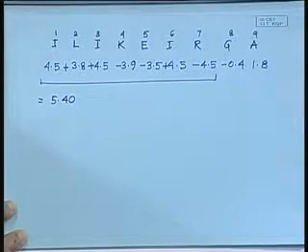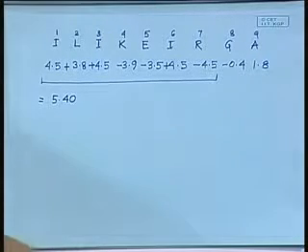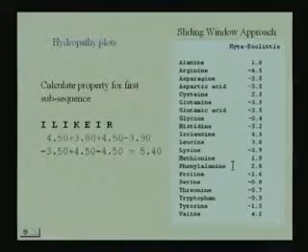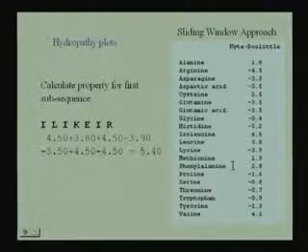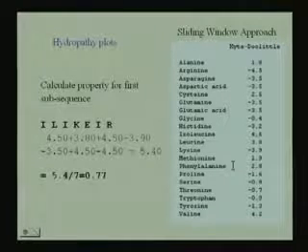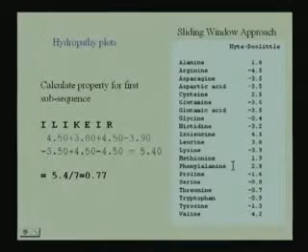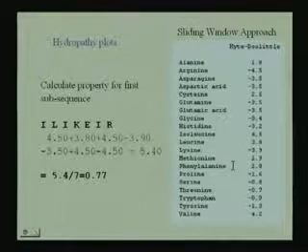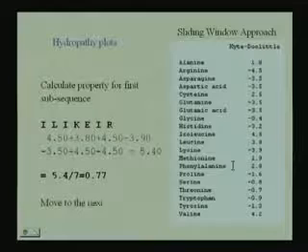We go back to the slides here. We have the total as 5.4. We want the average of this, so we divide by 7, which gives 0.77. This is assigned to the central residue.